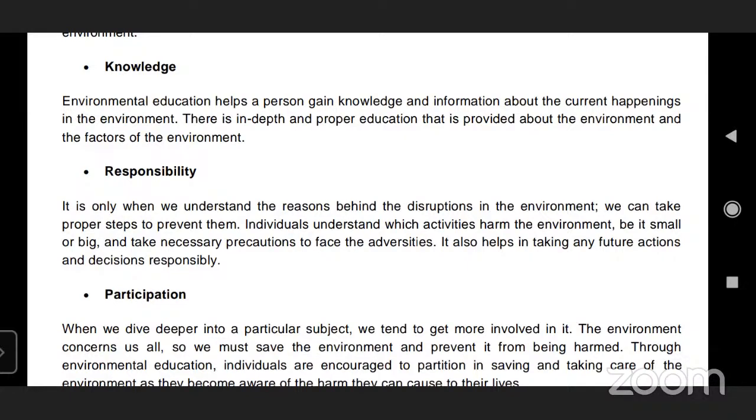So you may know, when the environment is disturbed, when the environment gets interruptions, we can take proper steps to prevent them.